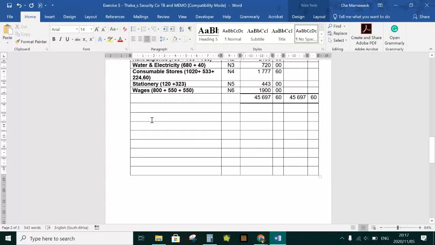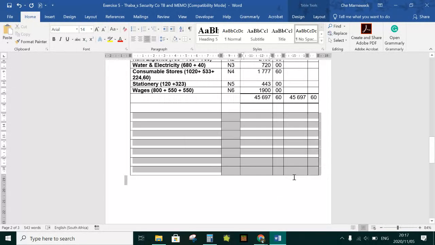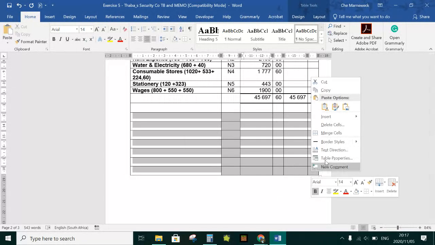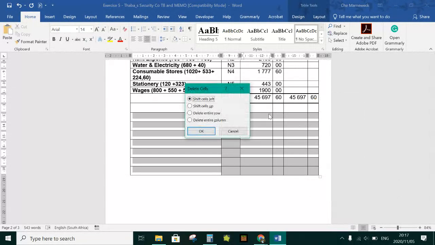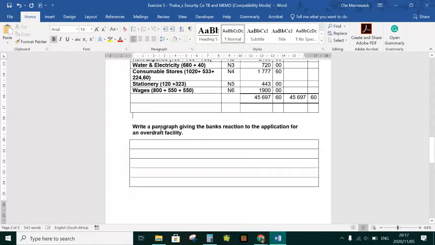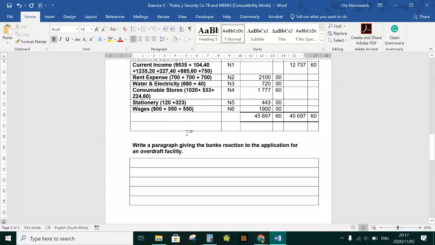Then have a look at, just take that out. A paragraph giving the bank's reaction to an application for an overdraft facility. So this company would like to get a loan, they'd like to borrow some money from the bank, and we need to decide, is that a good idea?